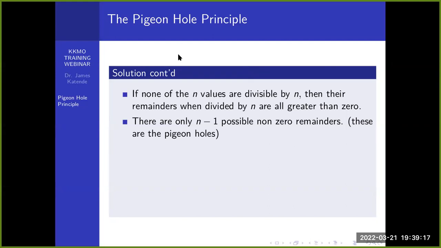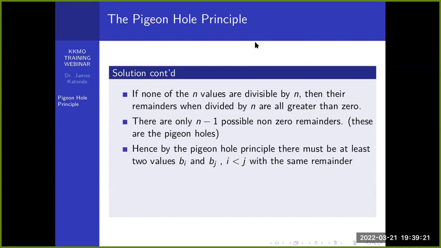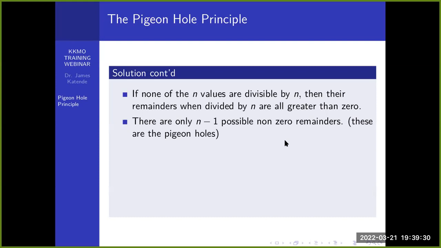Now, if none of them are divisible by n, it means, for instance, that each will be some multiple of n plus a nonzero remainder.